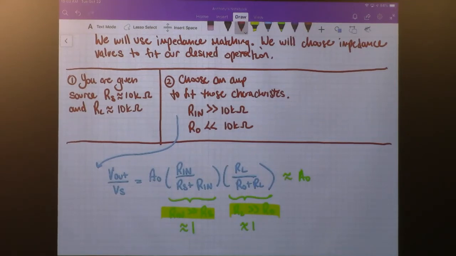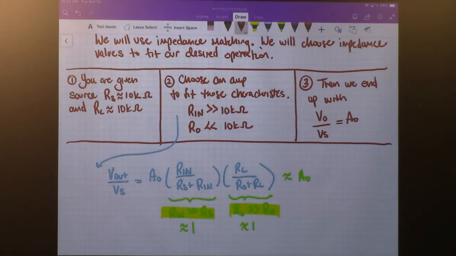So we choose an amp to fit those characteristics. And then we end up with a much nicer expression, right?